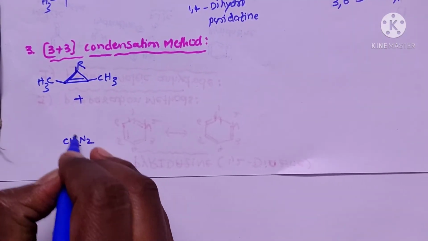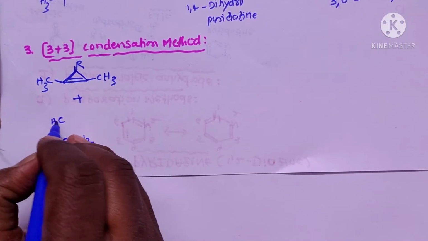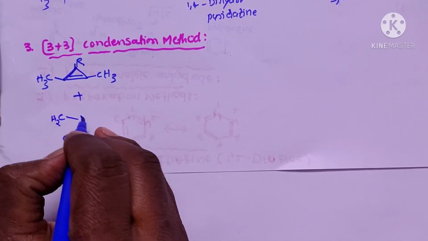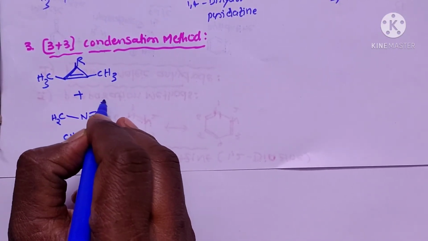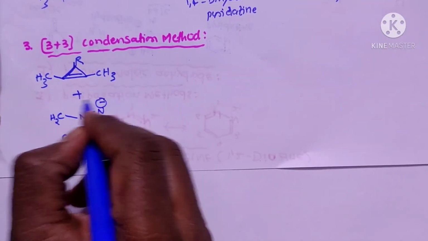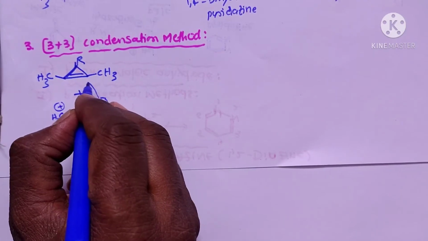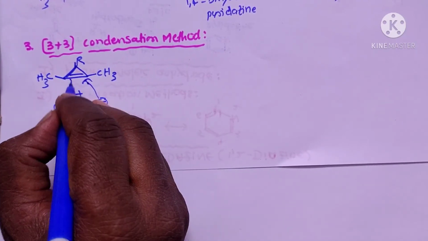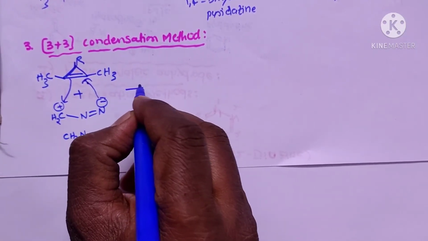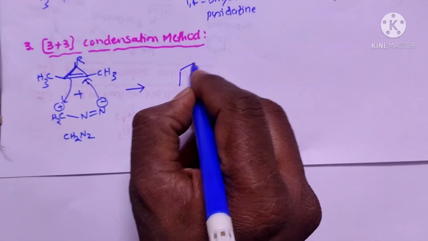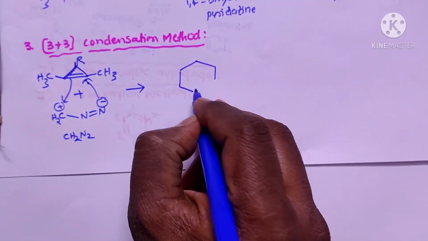So this is diazomethane, and we can write the diazomethane like this, plus. So here we get an addition product, a 6-membered addition product.